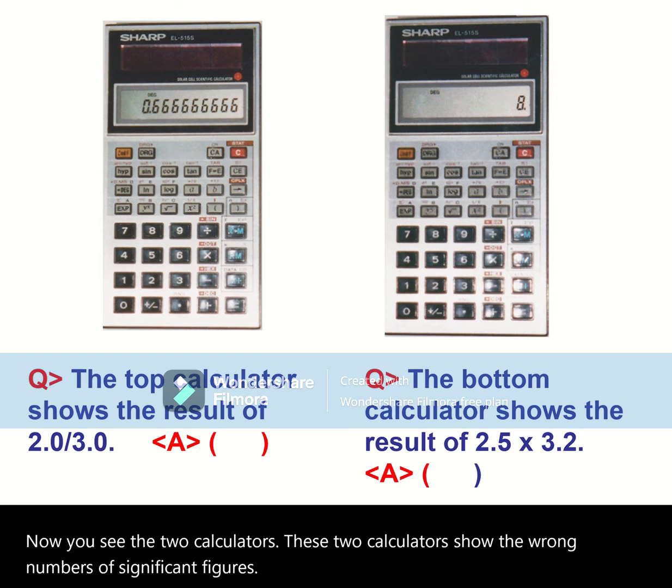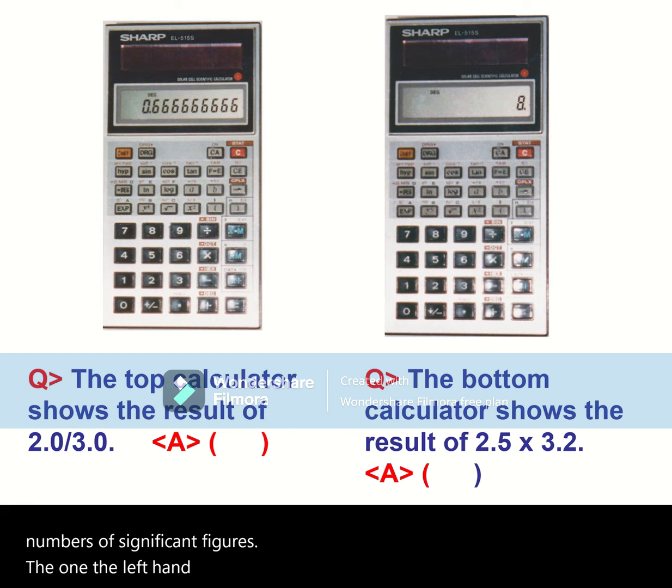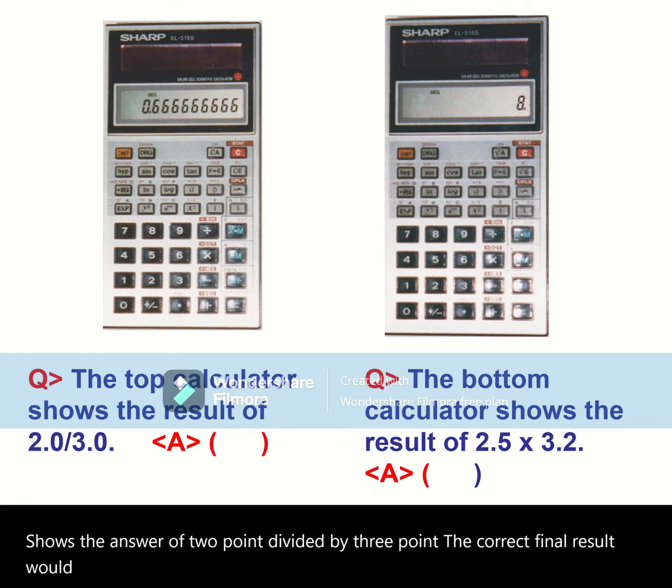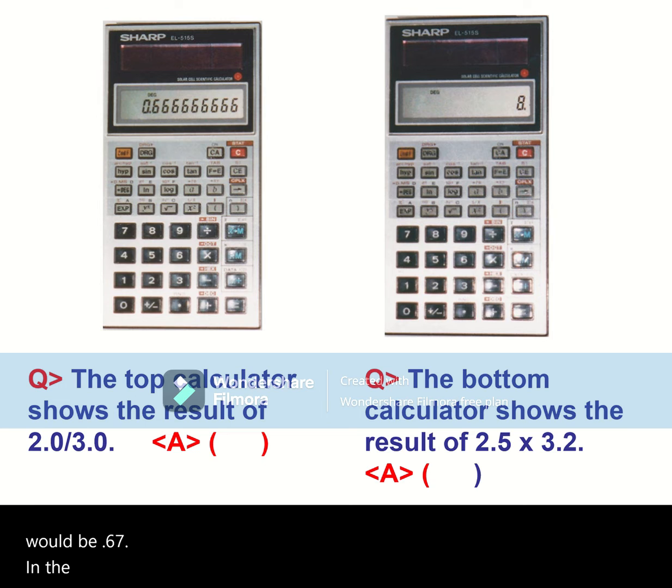The one on the left shows the answer of 2.0 divided by 3.0. The correct final result would be 0.67. In the one on the right, the calculator shows 2.5 multiplied by 3.2. The answer would be 8.0.